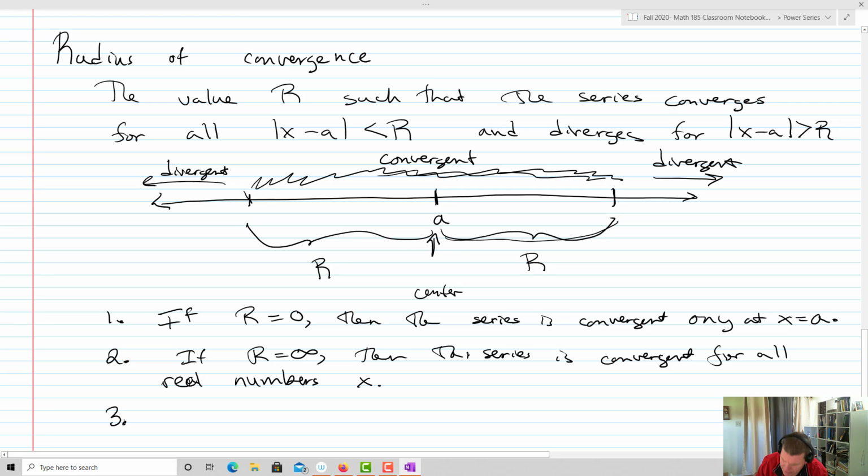And then we have the third instance, where r is a real number, not 0 or infinity.